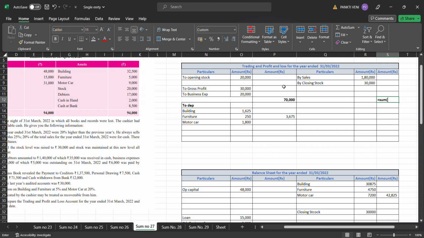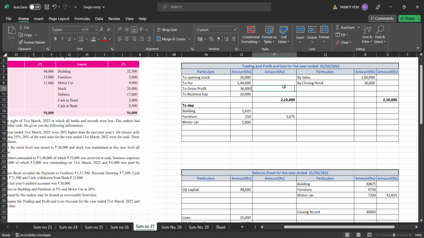So I'll just total this up, and I'll get purchases as the balancing figure. I have 2,10,000 here. Out of 2,10,000, if I subtract 20,000 and 30,000, I'll get this. So this is my purchases.